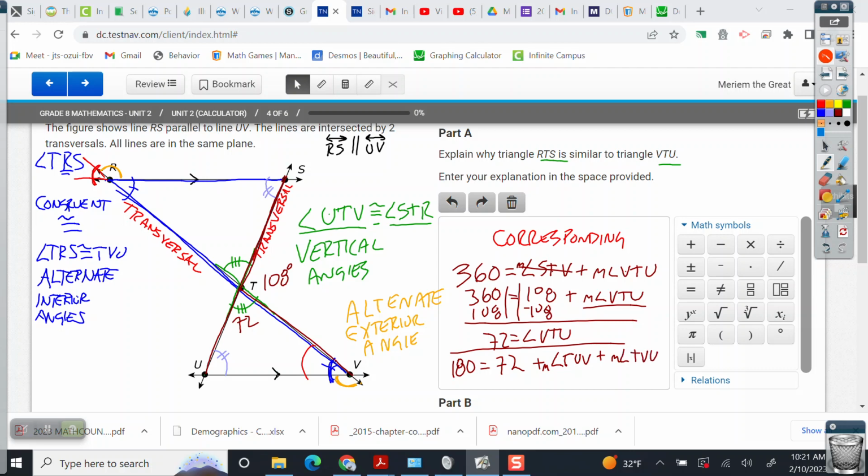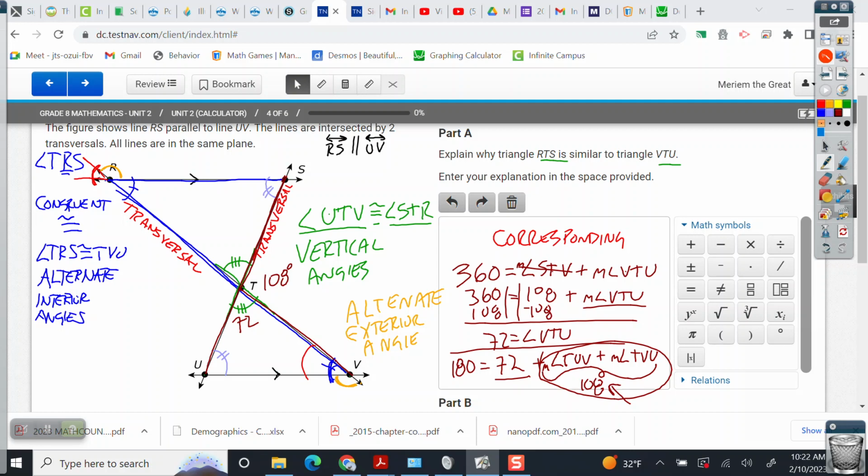Well, wait a second. We want to find the sum of these two angles together. And we already know that 72 plus 108 is going to be equal to 180. So therefore, the measure of these two angles has to be 108.